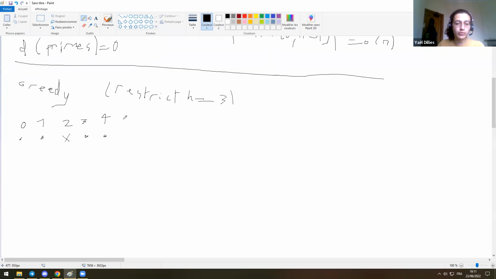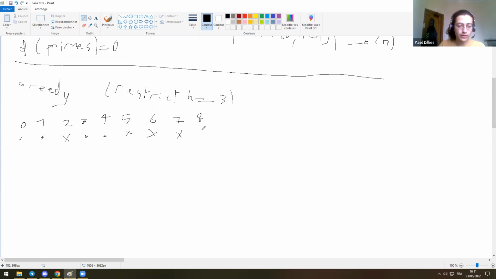Then 3, 4, 5 would be a problem, so we do not take 5. And now if we take 6, we see that it will be a problem with 0 and 3, so we do not take 6 either. And we can't take 7 either because of 1 and 4.